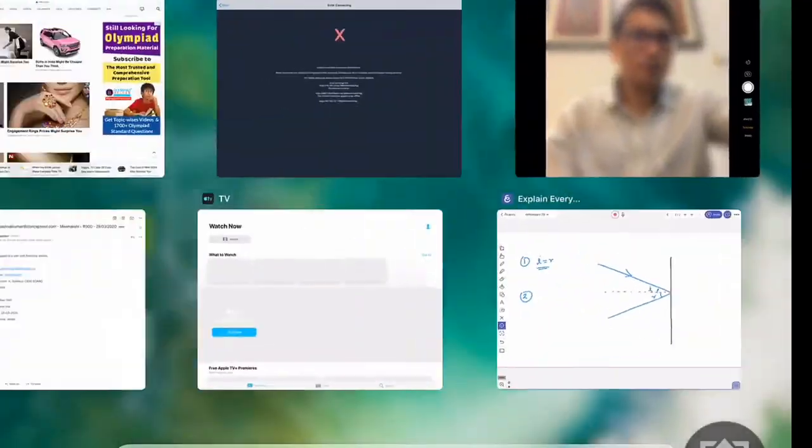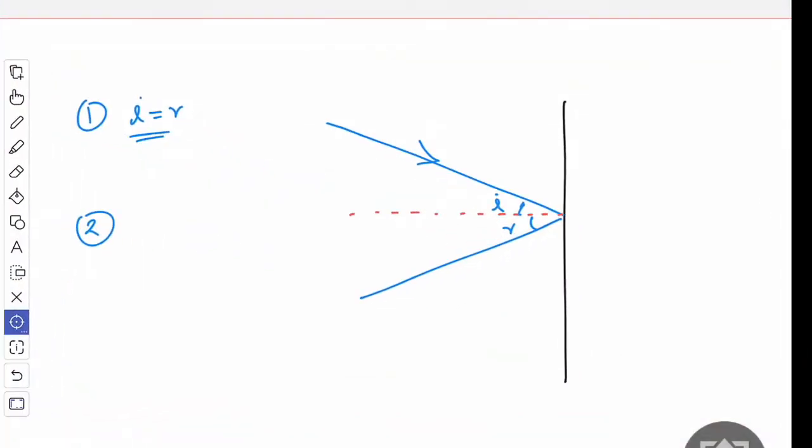So here's the screen. Now I want you to take half a minute and just write down. The first law is that angle of incidence is equal to angle of reflection.